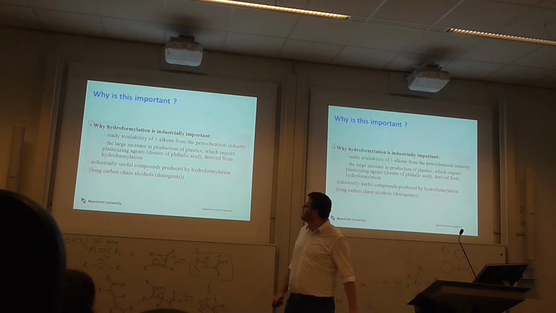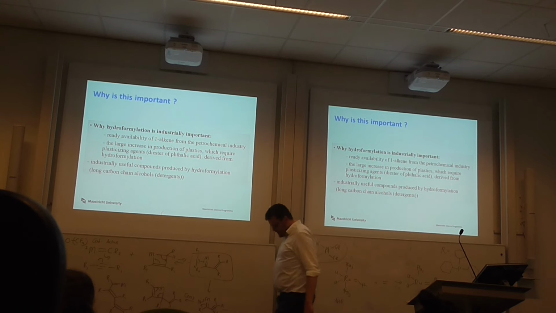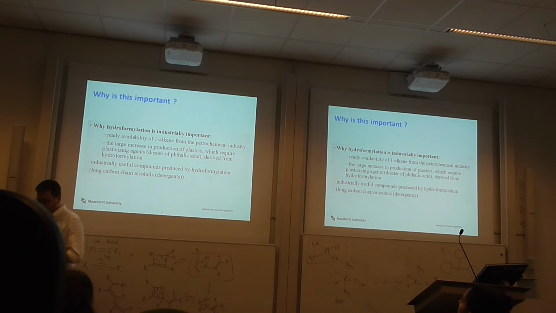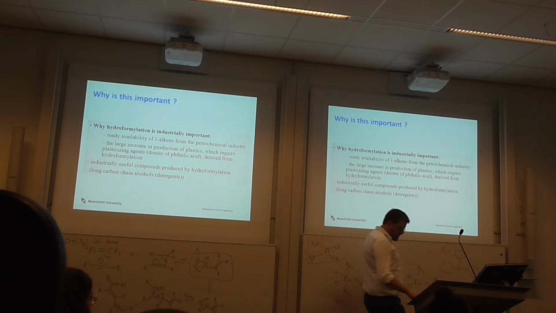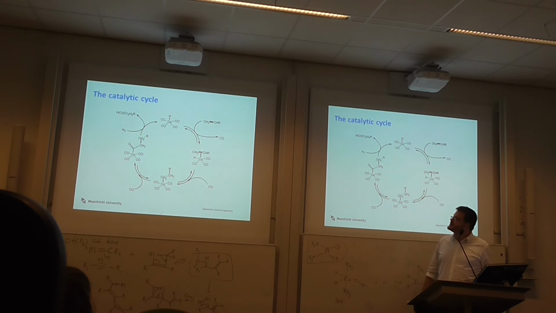So it's a very important process. Hydroformylated alkenes are used in the synthesis, for example, of detergents and soaps and stuff like that. But it's a fundamentally important process. So again, 1938, Roelen, Ruhrchemie, they did hydroformylation with this complex.